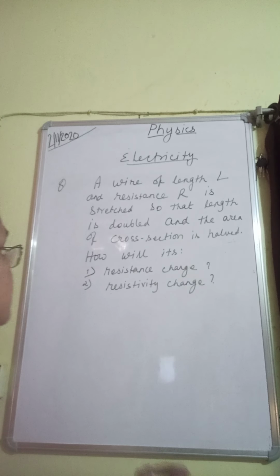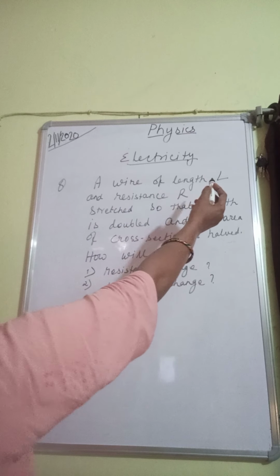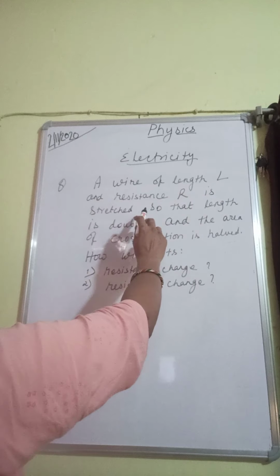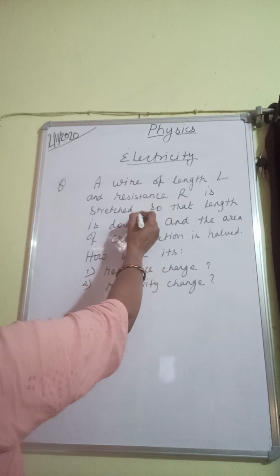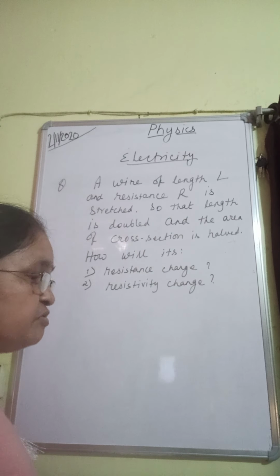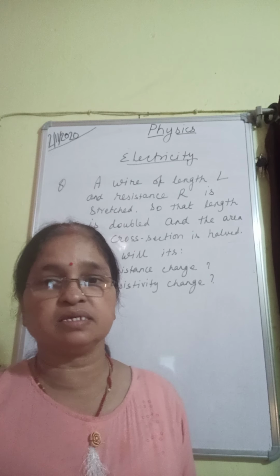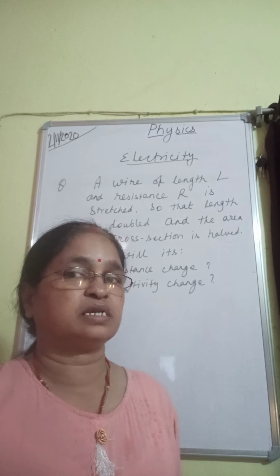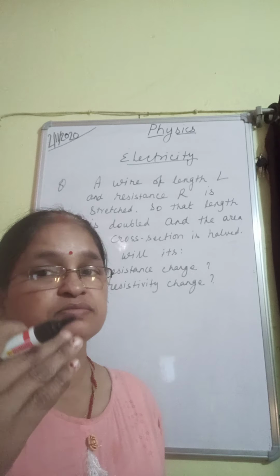See the question. A wire of length L and resistance R is stretched. One wire we have taken whose length is L, we have stretched it, and its area is just half.